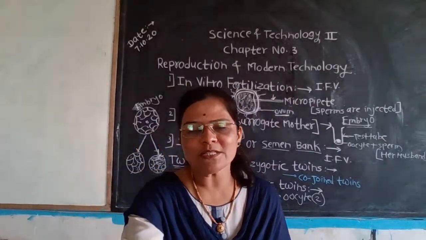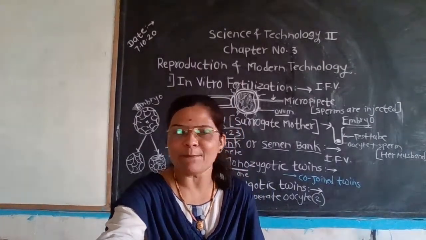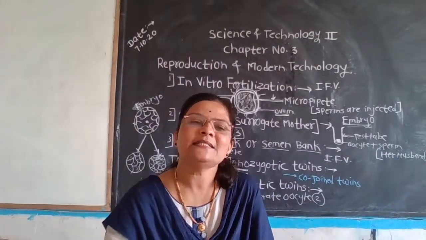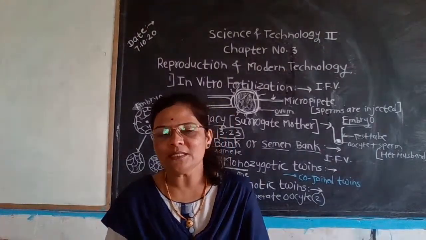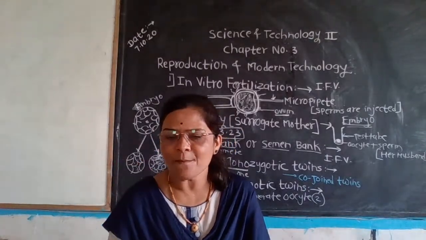Students, two embryos are formed from two zygotes, and both those embryos grow separately and are implanted in the uterus, and thus dizygotic twins are delivered after the complete embryonic development.